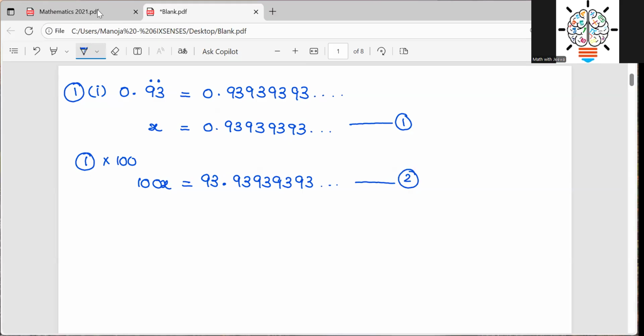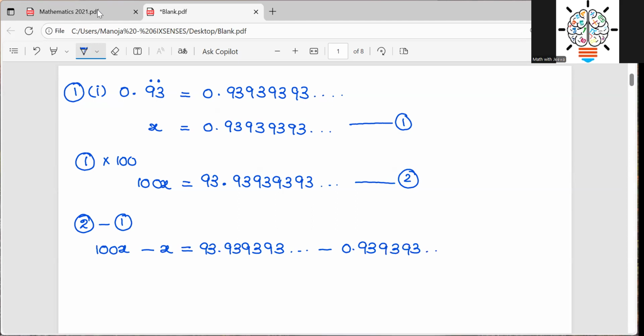This is very similar to simultaneous equations. Now I deduct equation 1 from equation 2. 100x minus x equals 93.9393... minus 0.939393... recurring.